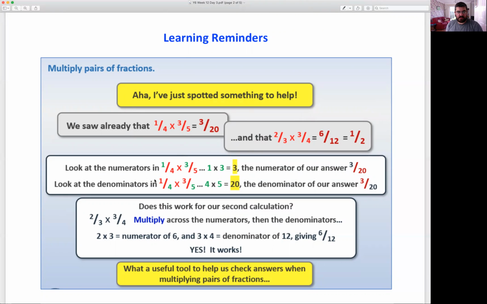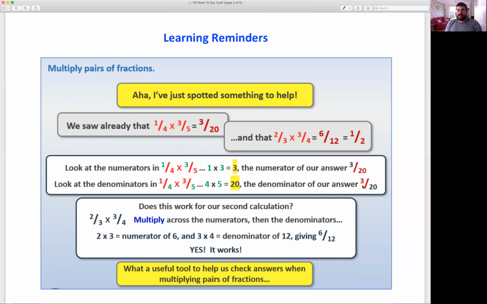And the denominators, 4 times 5 is 20. When we multiply fractions together, all we have to do is numerator times numerator, denominator times denominator. Remember that. Multiplying fractions, we multiply the numerator by the numerator, the denominator by the denominator.